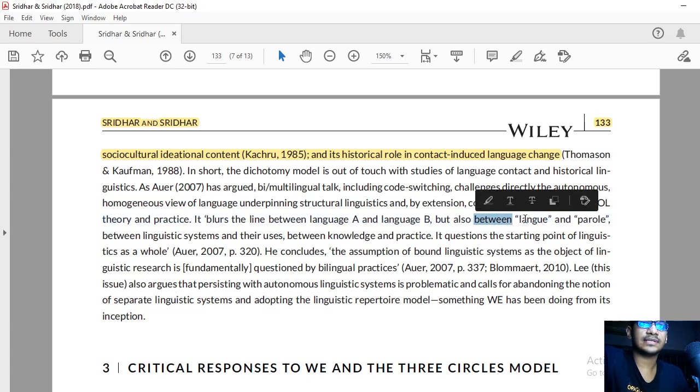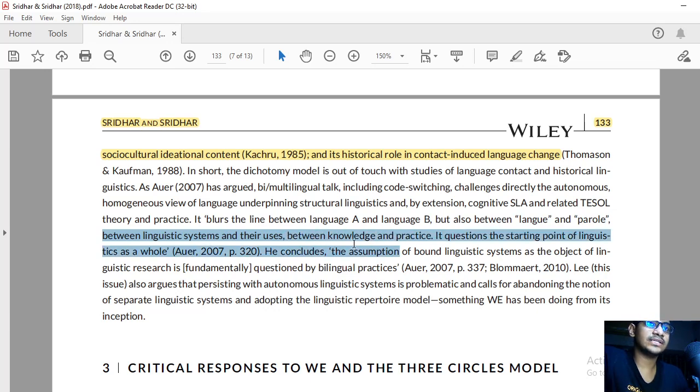One is language in general and the other is language in particular. It blurs the line between linguistic systems and their uses, between knowledge and practice. It questions the starting point of linguistics as a whole. So World Englishes' view of multilingualism embraces difference; it's unity in diversity.